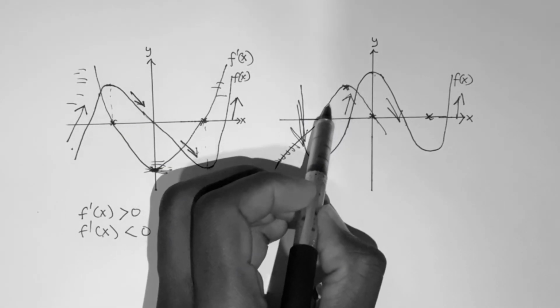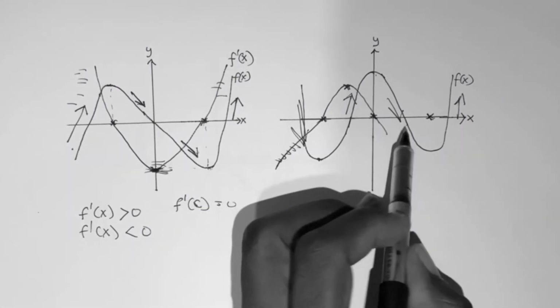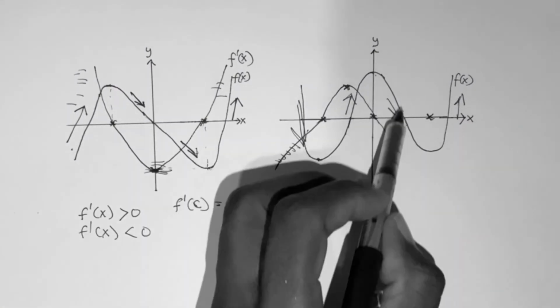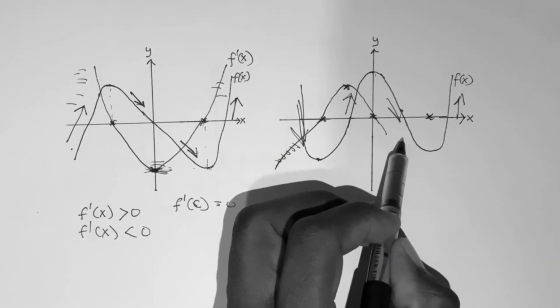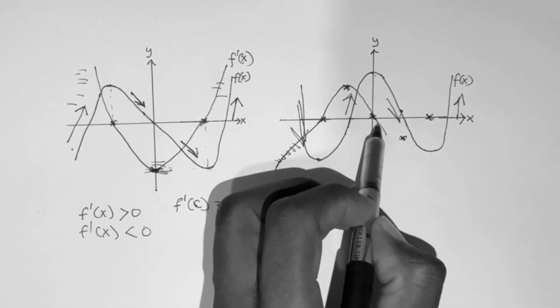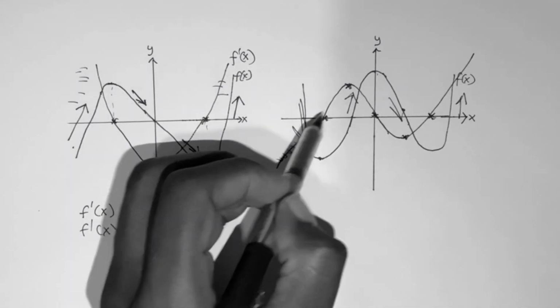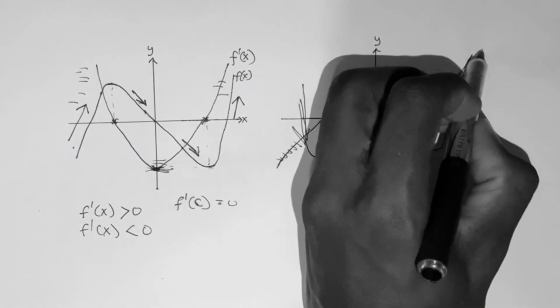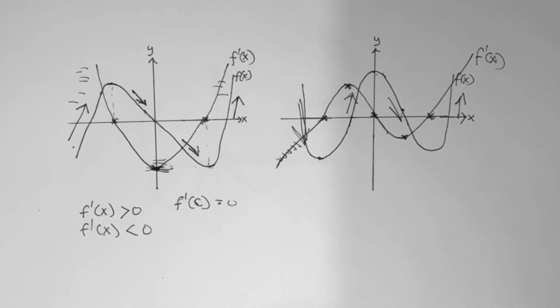So let's join the points together. And then at this point, see that the function is decreasing. So the point of inflection here is going to be a local minimum. And therefore, here too it is increasing. So you see, this is f prime of x from that graph.